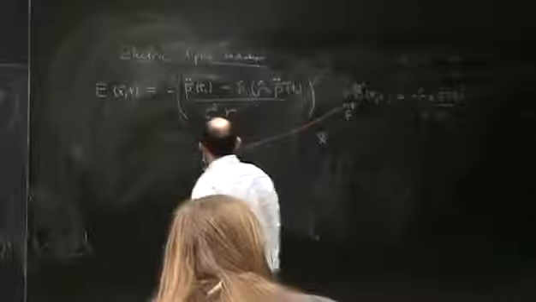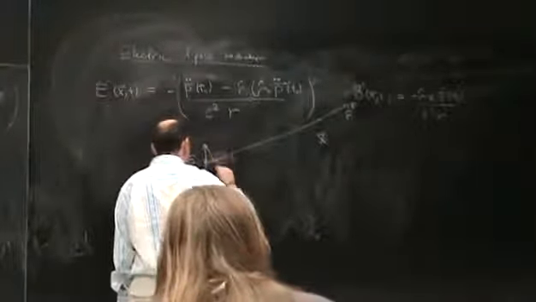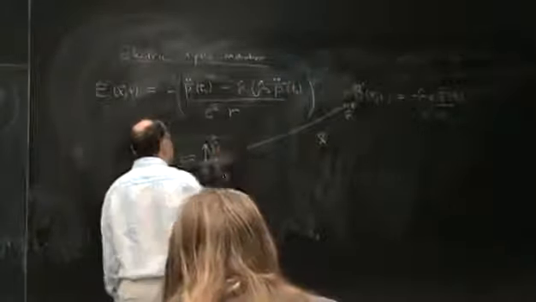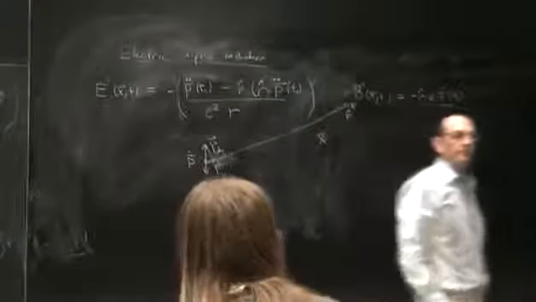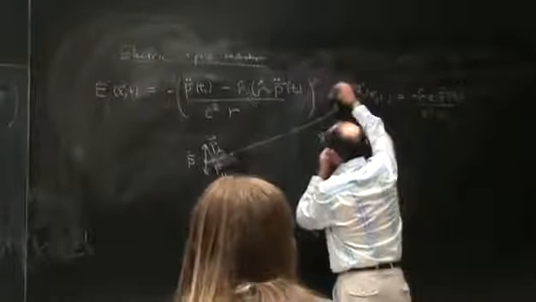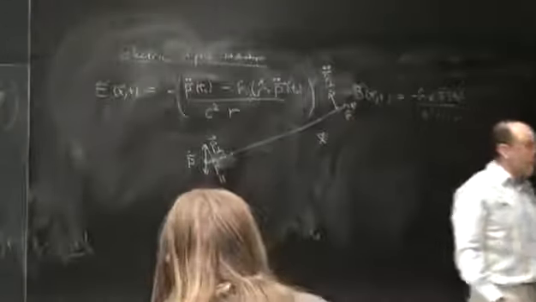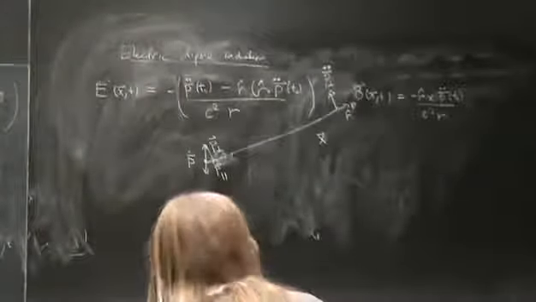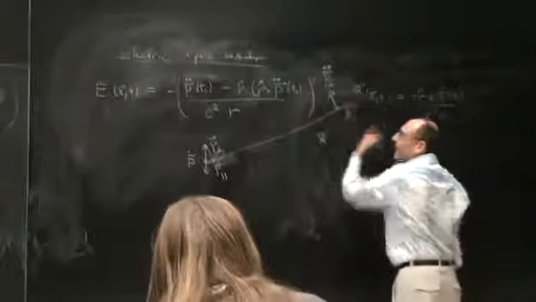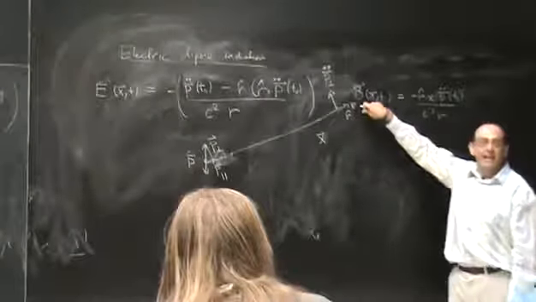There is a part of this vector which is parallel, and a part which is perpendicular to r hat. And I subtract off the parallel component. The electric field associated with the radiation is the transverse component of P double dot. That's the component perpendicular to the direction in which the wave is propagating. That's what we expect.